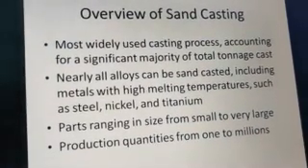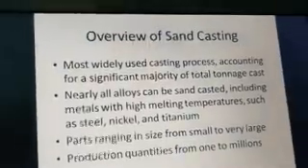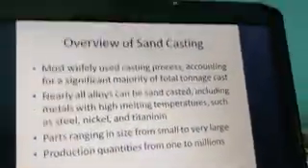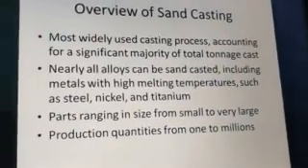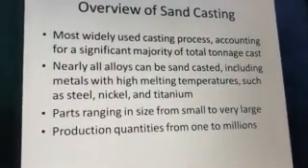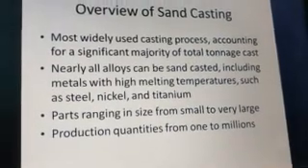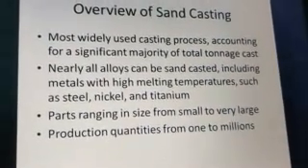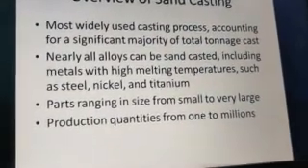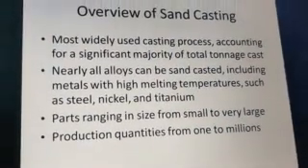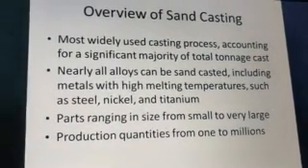We usually prefer sand casting for bigger products and where we have to reduce the cost, because if you are going for permanent mold casting, we need a die or mold made of a material having a higher melting point than that of the molten metal being poured.